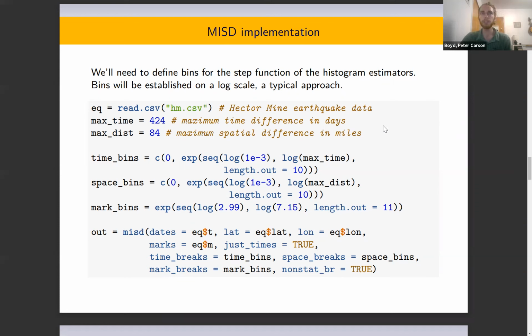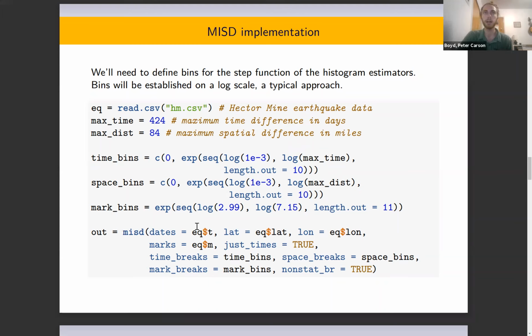In order to actually implement this algorithm, we'll have to define these bins over time, space, and marks. So we'll want to ensure that we span the entire time, space, and magnitude domains. We define these bins here, and then we'll use the MISD function to actually fit this model.